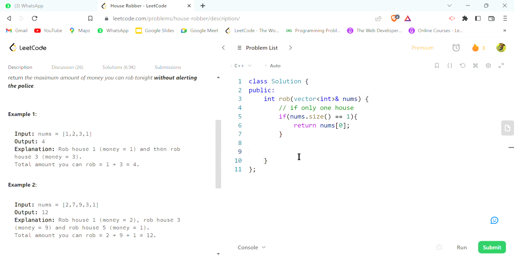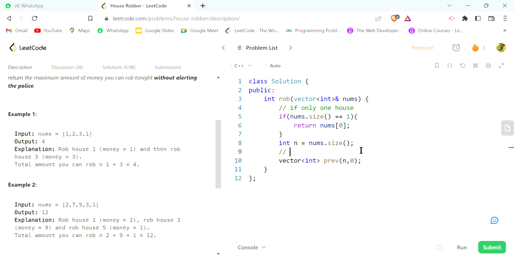Next, we have to create a DP, or we can say a previous vector, which will store our previous maximum profit, that is, in the previous step, what is our maximum profit. Its size should be equal to nums.size(). So first we store it in another variable, n, and initialize all its elements with 0.